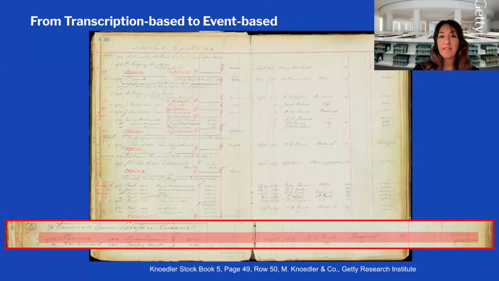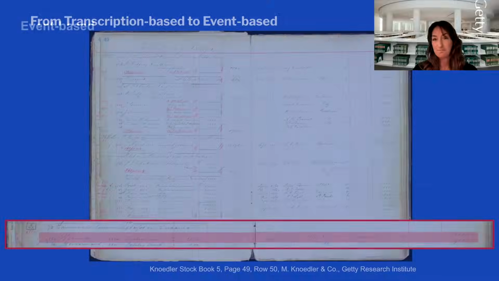And on the right side, they recorded the sale of the painting on September 18, 1901, to H.C. Frick, living in Pittsburgh, for $26,000.